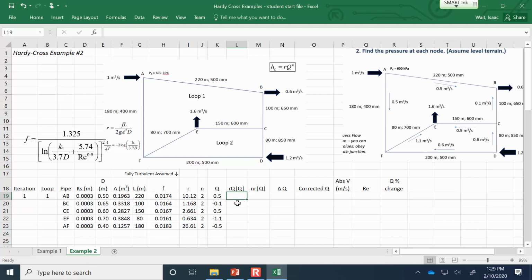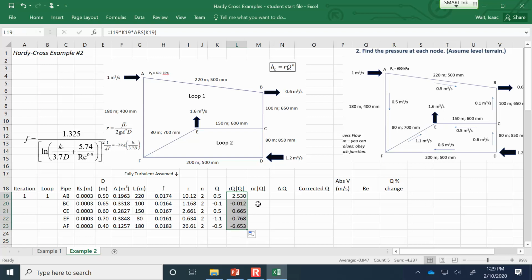Okay, so let's do R times Q times the absolute value of Q, so ABS of Q, and do it for each of the pipes.